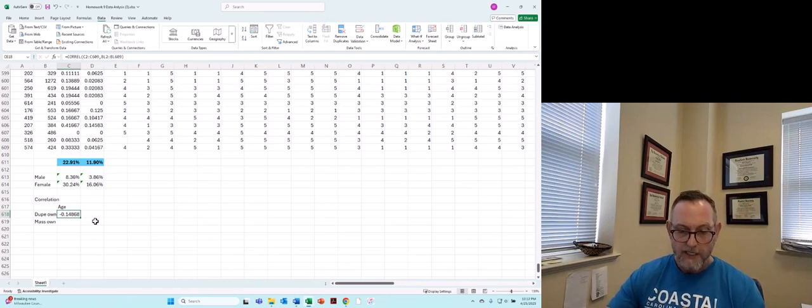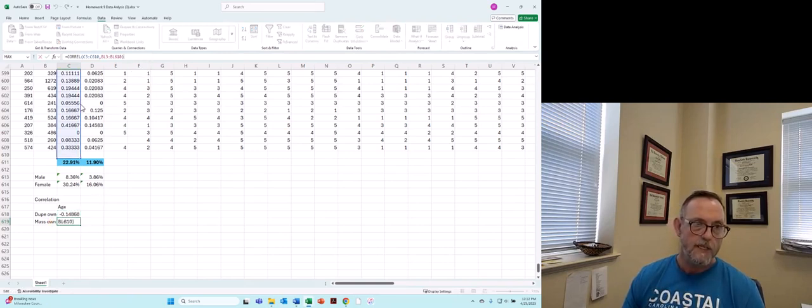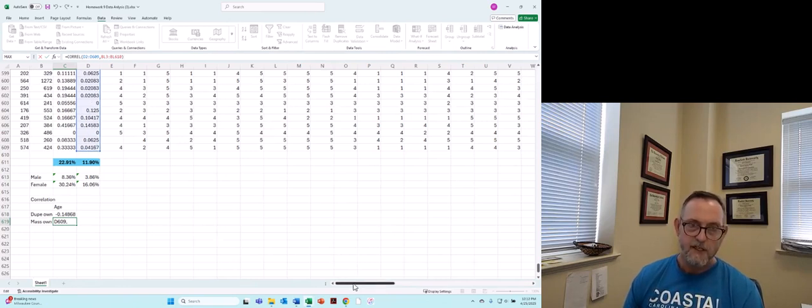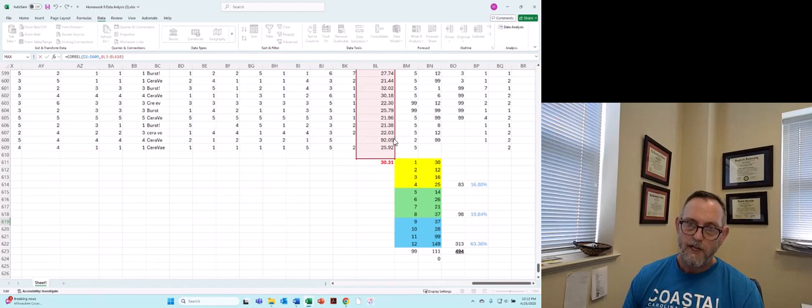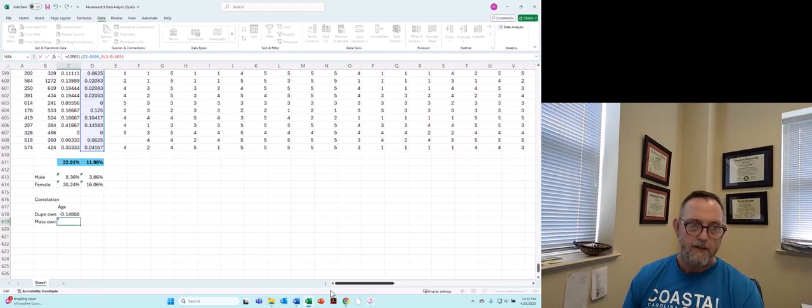So now, what about prestige brands? We're going to do basically the same calculation. Only now, instead of dupes, we're going to move our first array over to make sure it's in the prestige space. And then we also want to make sure that our array for age is properly set there, right?